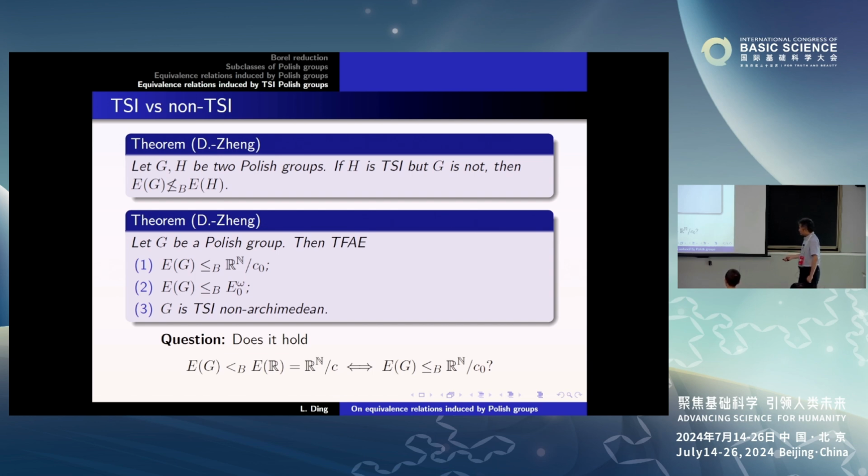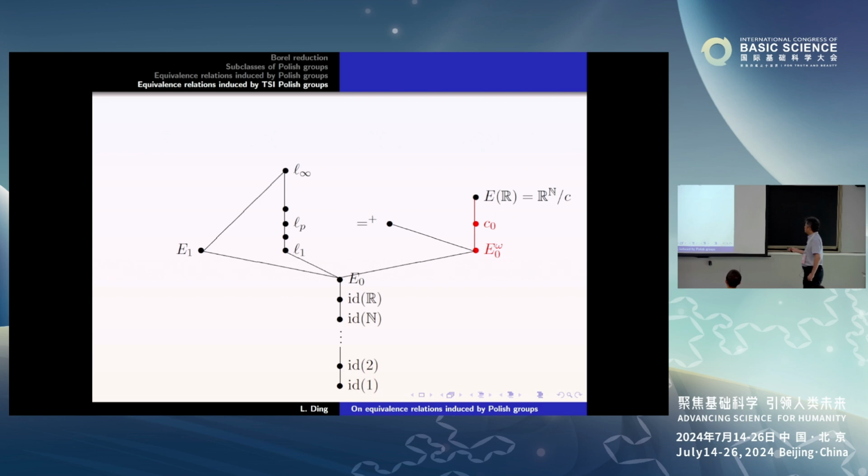But how about C? We know that C is above C0, but we just guess maybe this holds, but I don't know the answer now. So here we see that there is no EG between E0 omega and C0. But Farah has proved that there are many, many Borel equivalence relations between these 2 points.